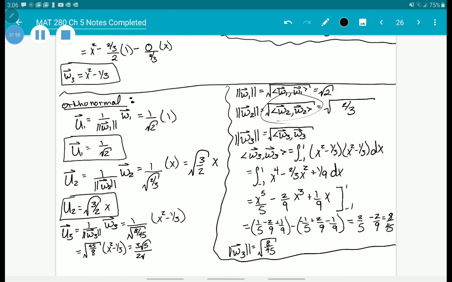And 8 is the same thing as 2 square root of 2, times x squared minus 1/3. So there's our final answer. If we wanted to, we could distribute that 3 through and rewrite that slightly: square root of 5 over 2 square root of 2 times 3x squared minus 1. Either one would be perfectly fine. So there's our U3. So our orthonormal basis would be these 3 vectors.